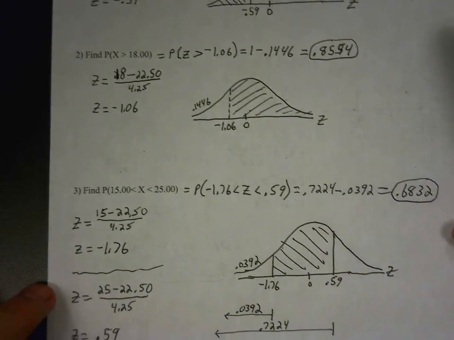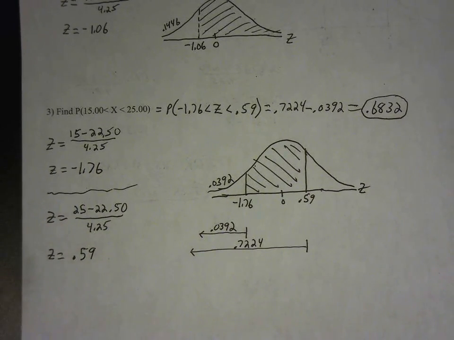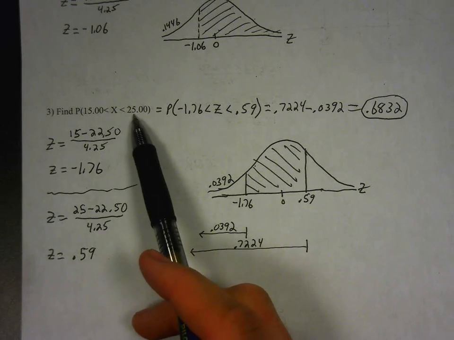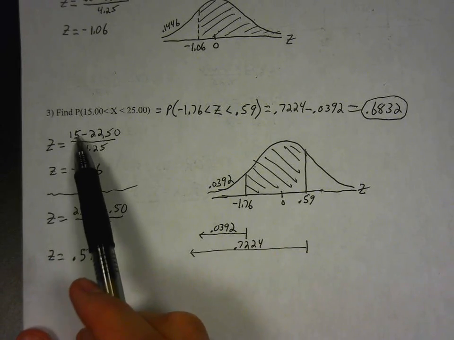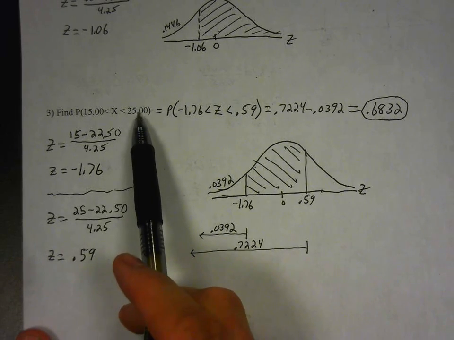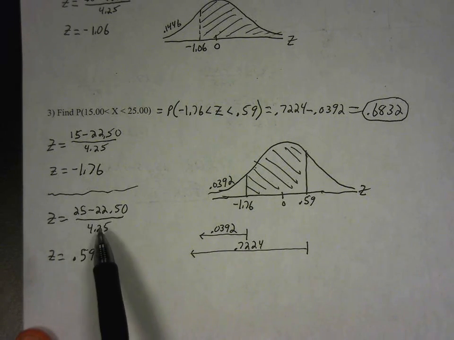On the third one, now we're finding the probability that x is between two numbers. So you find the z-score for each of your x values. That's why you have 15 minus the mean over the standard deviation, and 25 minus 22.50 over 4.25. That's your x value minus the mean over the standard deviation again.